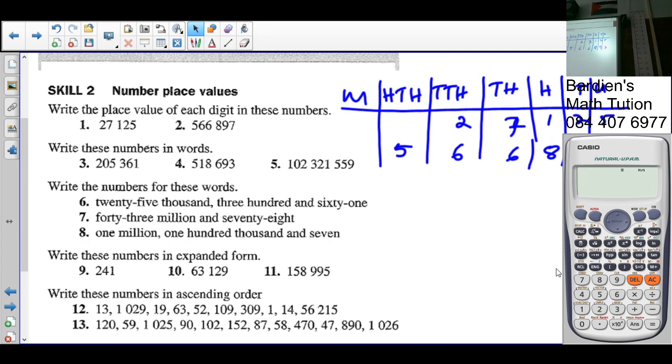So let's look at the first one, number 3. What would that number be? 205,361. You all agree with that? Okay. The next one? 508,693. You all agree with that? Okay.